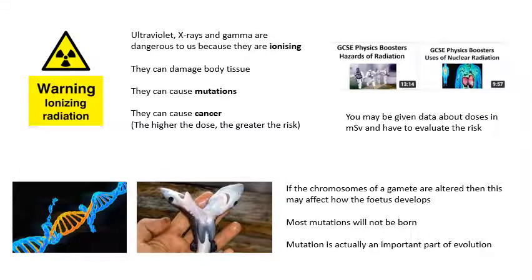Just an interesting thing about mutations. What's a mutation? Well, if the chromosomes of a gamete, for example a sperm cell, are altered, then if that actually fertilizes an egg and the fetus starts to grow, then something different is going to happen. Now, most mutations will fail. They won't be born.